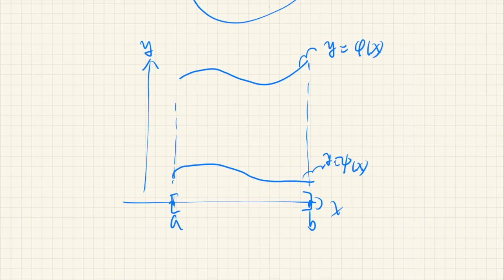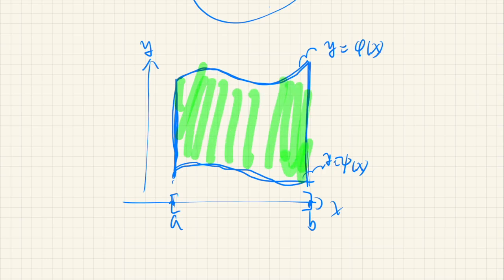So two functions and two vertical lines. By connecting these, we have a closed Jordan region. That is this region. Suppose D is this region, and we want to integrate some function of x and y on this region.